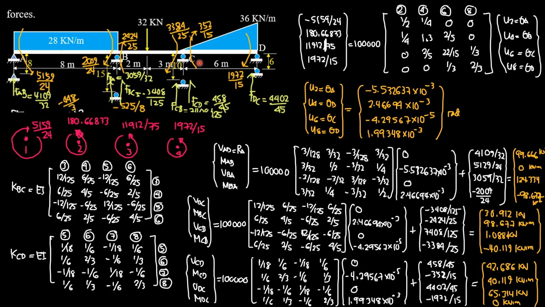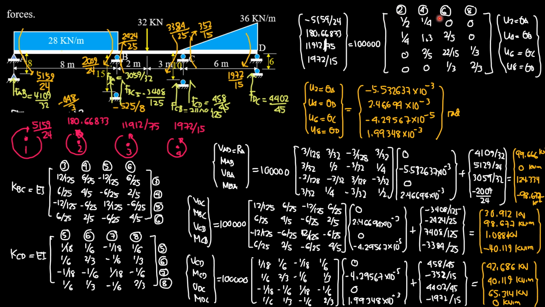Then stiffness of CD, 12 times 1/6 cube is 1/18, 6 times 1/6 square, then the rest you generate, numbering 5, 6, 7, 8. So we are interested in U2, which is theta A, U4, which is theta B, U6, which is theta C, and U8, which is theta D: 2, 4, 6, 8.